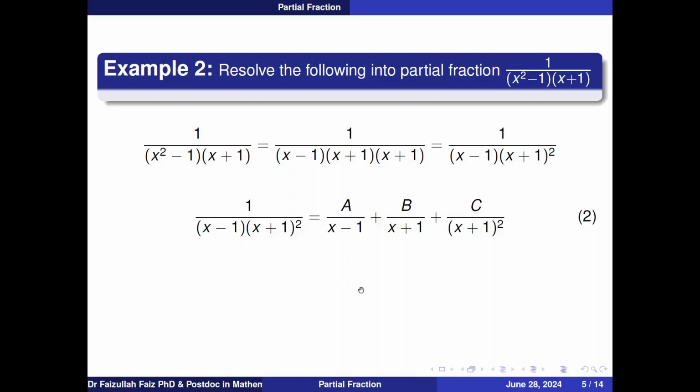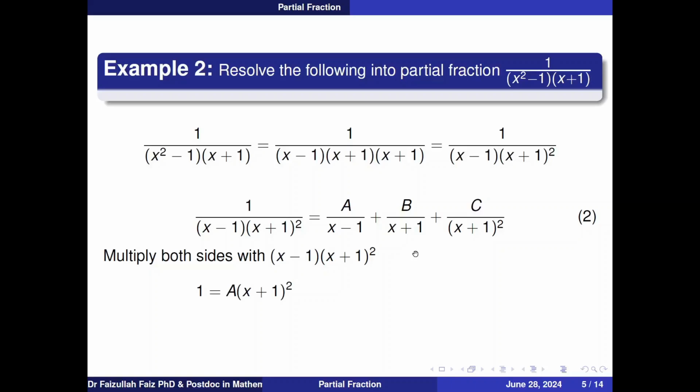So we multiply both sides by the LCM of the right hand side, and we can see in the left hand side, when we multiply with x minus 1 into x plus 1 whole square, similar terms will cancel and we will get only 1 here. From the first term, x minus 1 will cancel with x minus 1, and we shall get a into x plus 1 whole square.